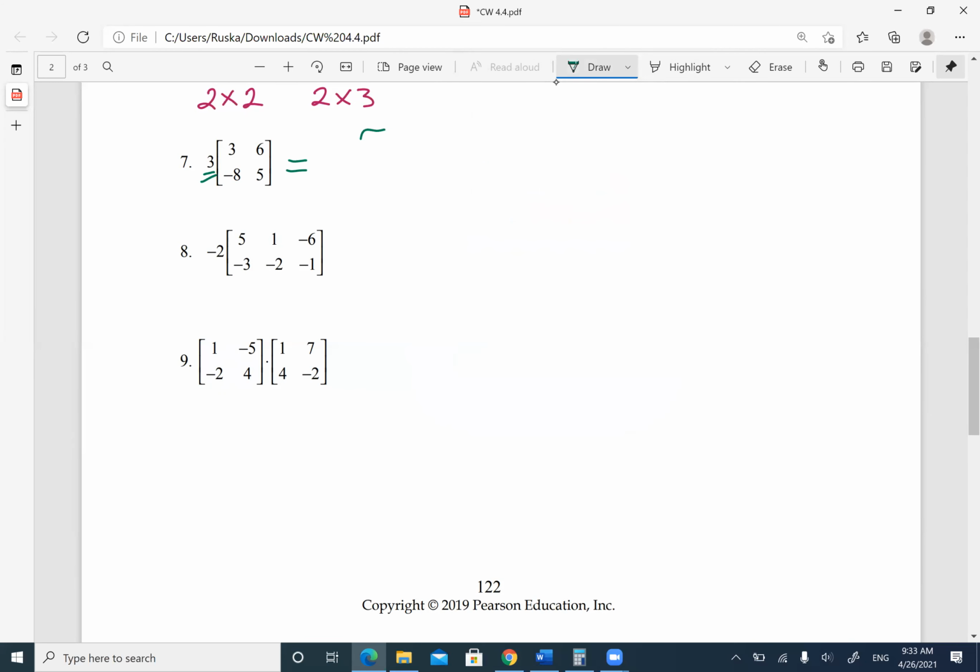So my answer is gonna be also 2 by 2, right? That's what I have. And then you multiply 3 times 3 is 9. 3 times 6, 18. 3 times negative 8 is negative 24. And 3 times 5 is 15. That's it. Everybody good?